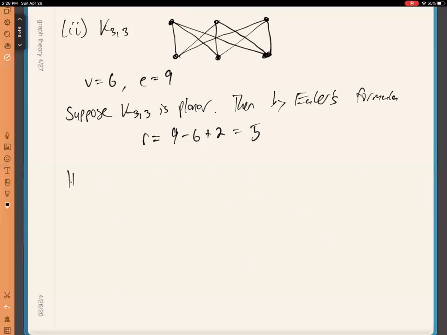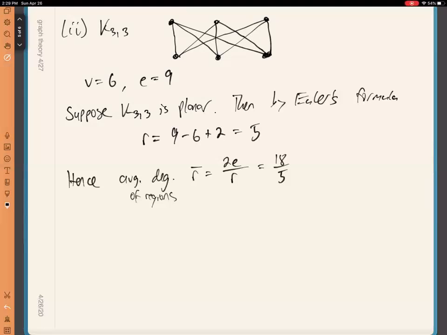And so now if we look at the average degree of the regions, remember this quantity, which I'm going to call R bar, we saw before that this is equal to 2e over R. And in particular, this has to be equal to 18 over 5.